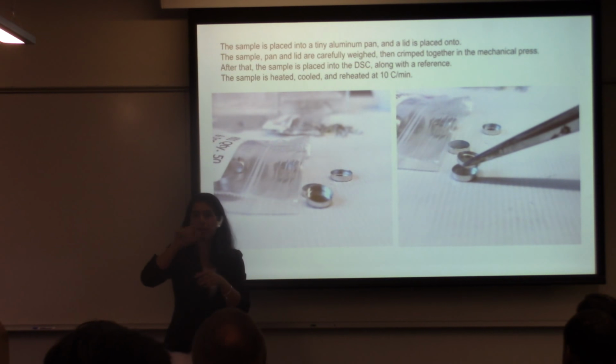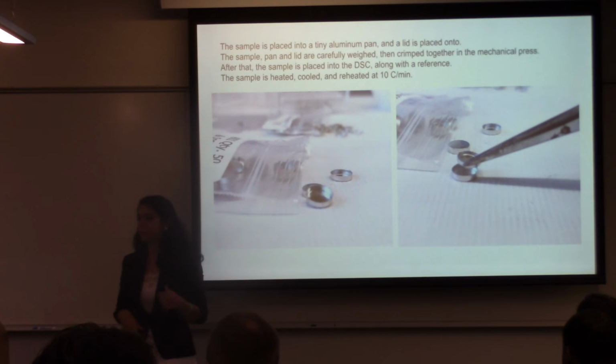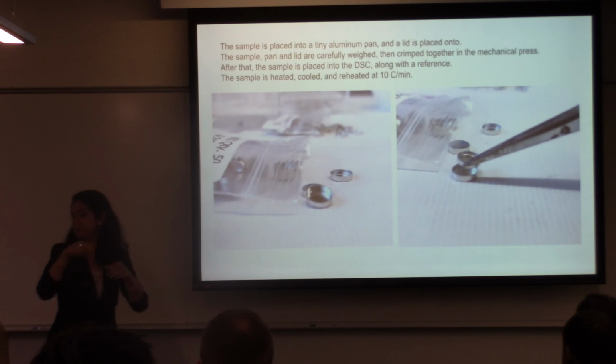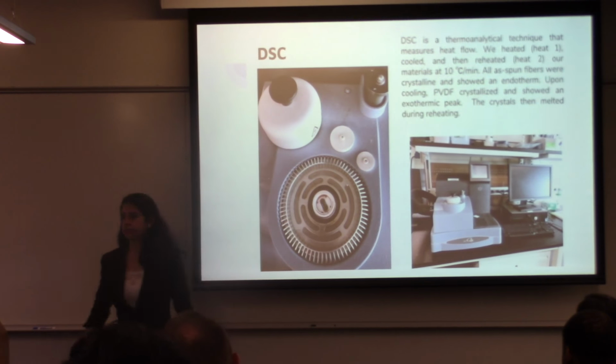So our sample, we have a pan, very, very small. We put our sample into the pan, make sure it's the right fit within the pan, and we put our lid on top. We use a punch to crimp it down before we put it into the DSC itself right there.